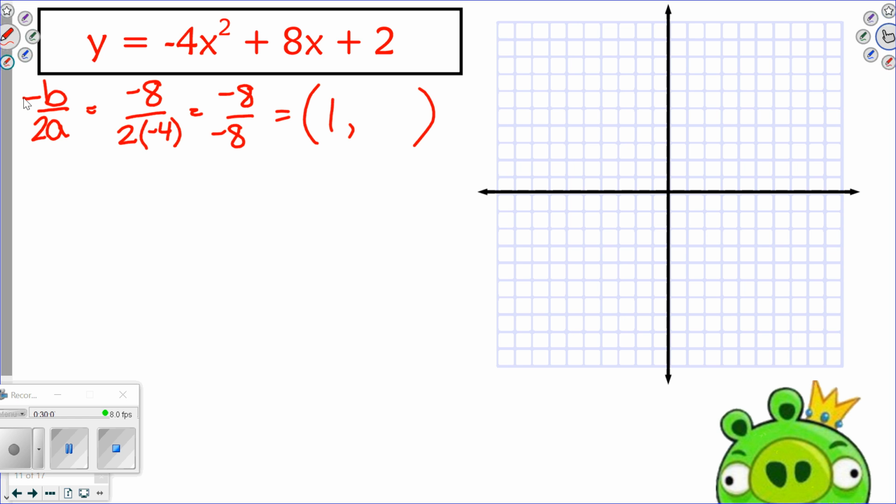So the x value of my vertex is 1. How do I find the y part? Plug it in. So negative 4 times 1 squared plus 8 times 1 plus 2, right? You're just plugging in. That's what you're typing in your calculator. And you get 6. So your vertex is at 1, 6.